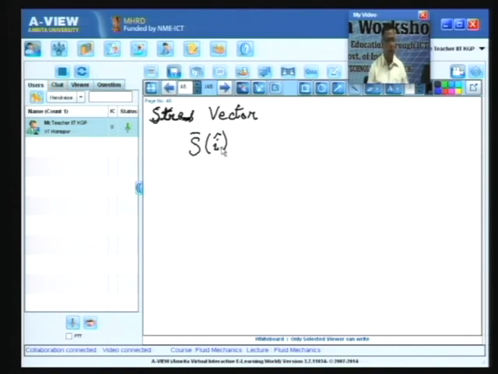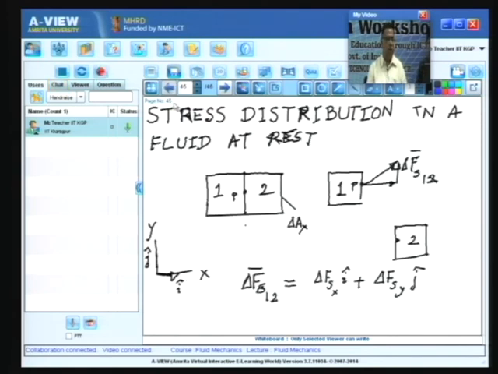Now, we can go back to this figure. By i plane I mean this plane whose unit normal is in the i direction.